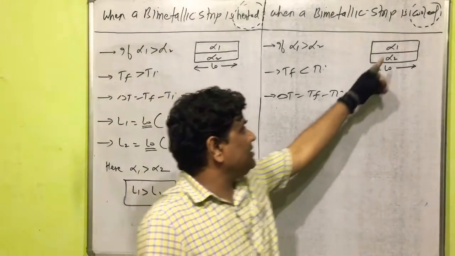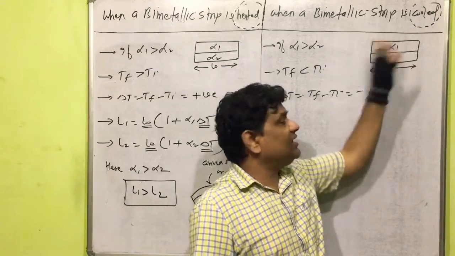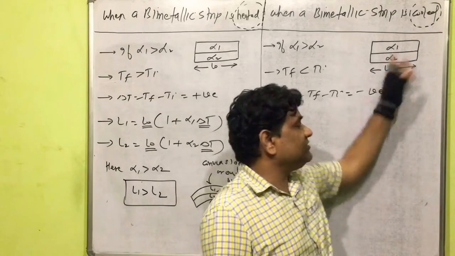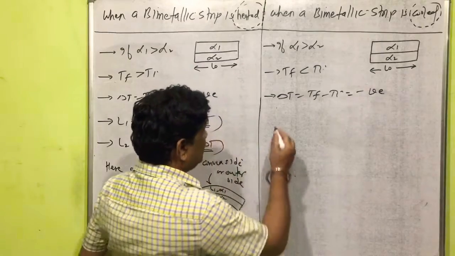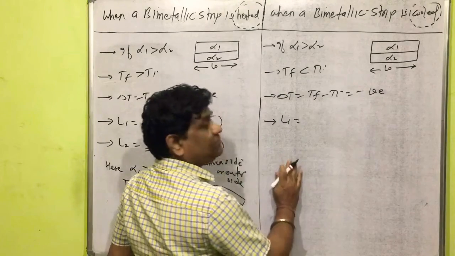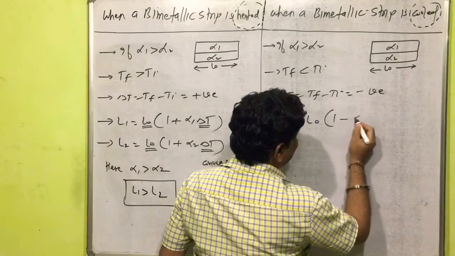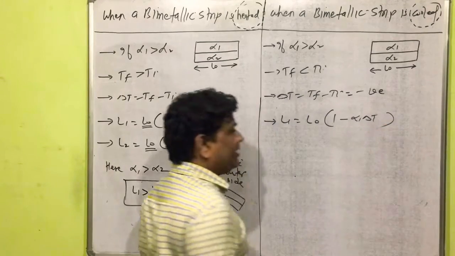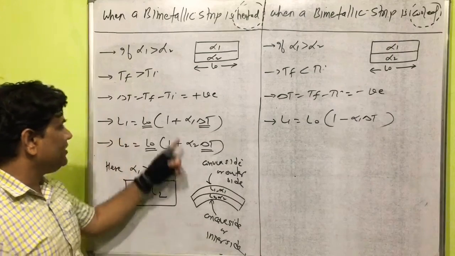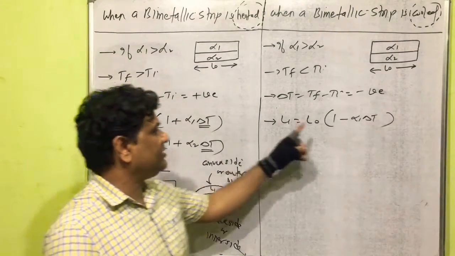Now, when a bimetallic strip is cooled, what is the final length of the upper strip and what is the final length of the lower strip? The final length of the upper strip is L1 is equal to L0 into 1 minus alpha 1 into delta T. Don't be confused by this. Here it is plus, but here it is minus.